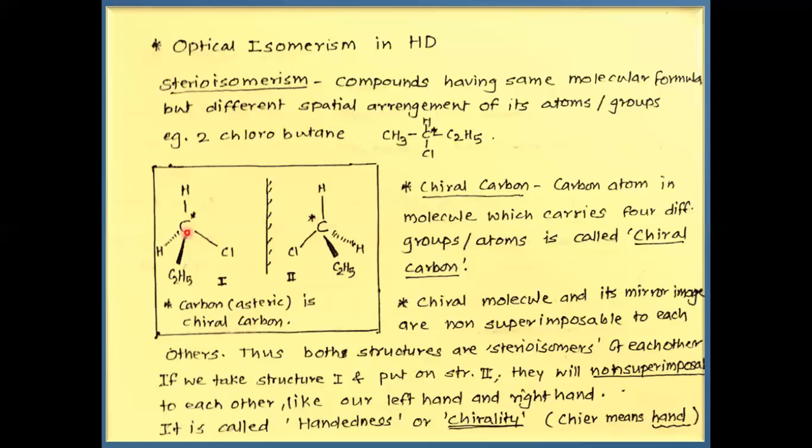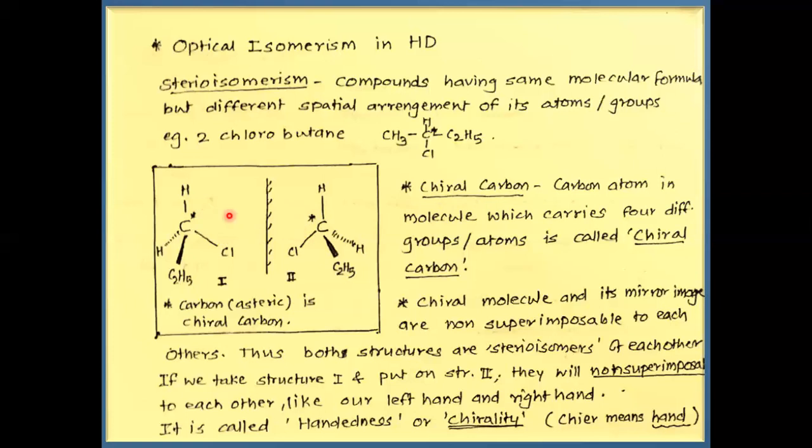If we take this first structure and put it over the second structure, chlorine will not coincide with this chlorine, with this hydrogen, and this hydrogen will not coincide with this chlorine. So there is a non-superimposable relationship between structure 1 and structure 2.